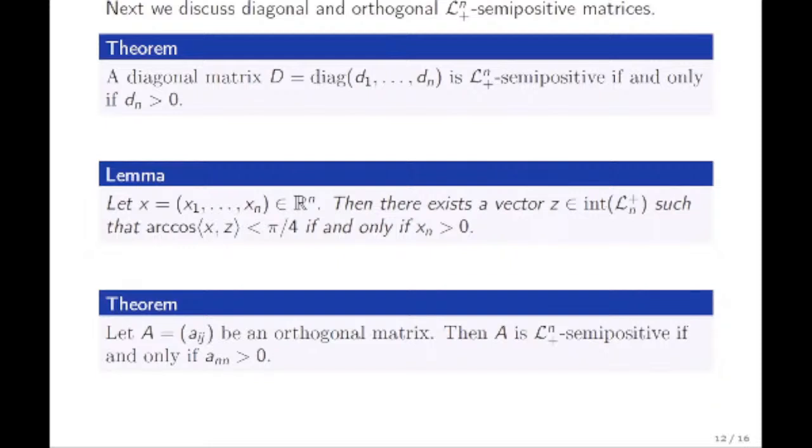The second lemma states that for any vector x in Rn, say x1, x2, up to xn, there exists a vector z in the interior of the Lorentz cone Ln plus such that the angle between x and z is less than pi by 4, if and only if xn is positive. We have used this lemma to show that if A is an orthogonal matrix of order n, then A is Ln plus semi-positive if and only if the nn entry, that is ann, is positive.